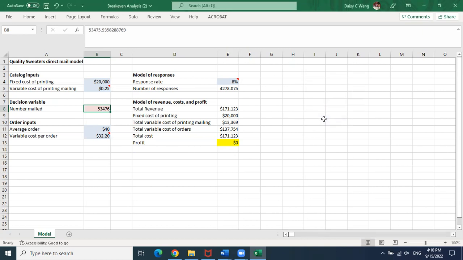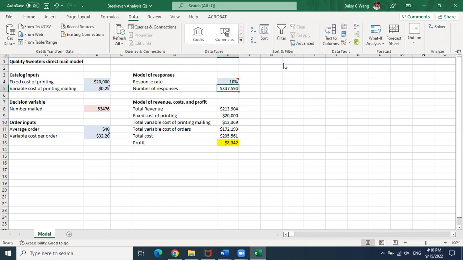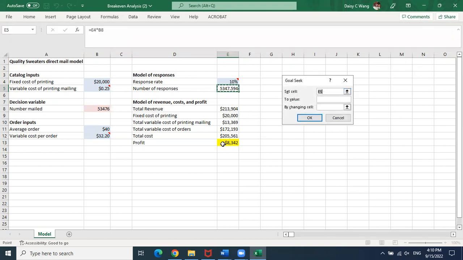But let me tell you this: the response rate will affect everything. If the response rate becomes 10%, more people respond, so we will have more profit. Let's run it again. If the response rate is higher, our break-even point will be lower.